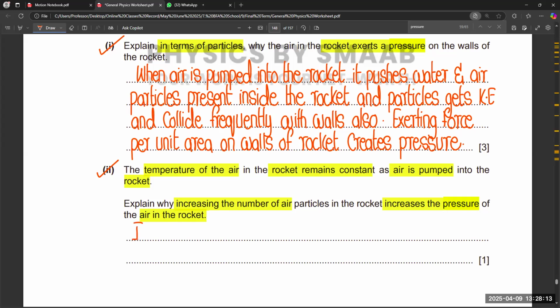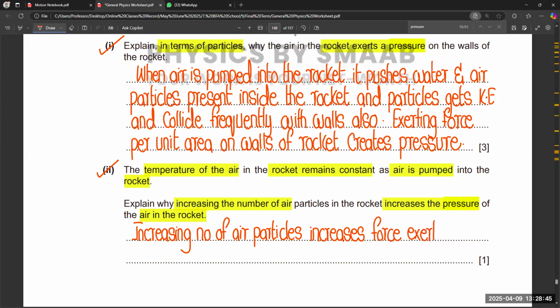So increasing the number of air particles increases the force exerted by particles.